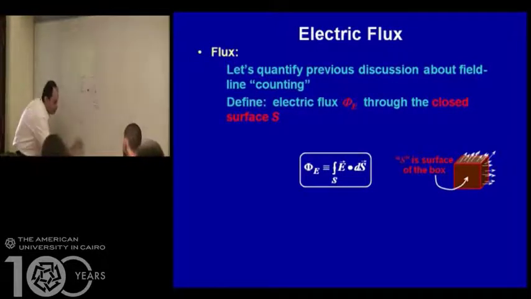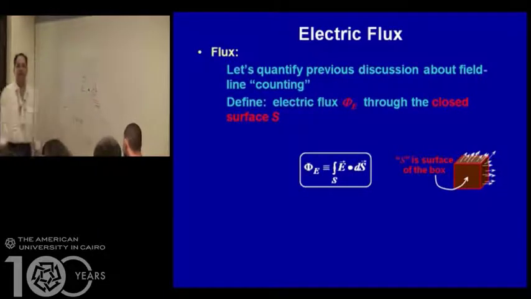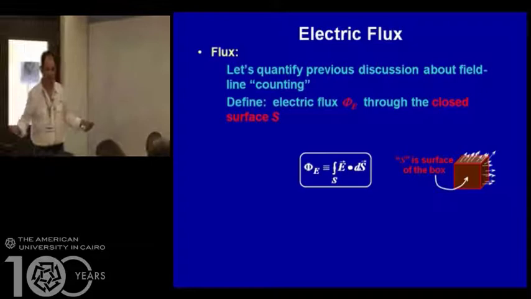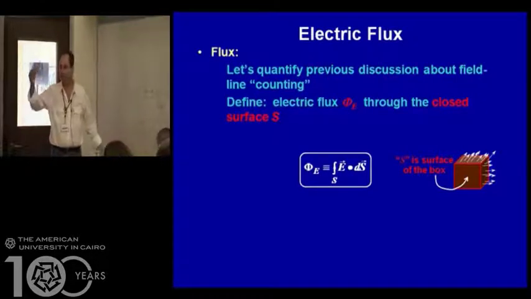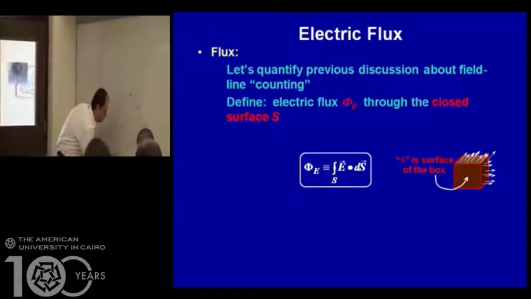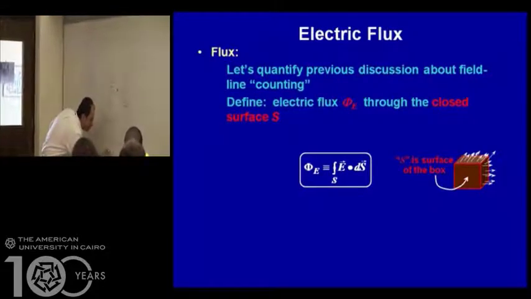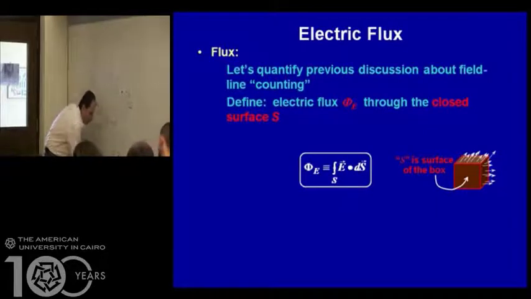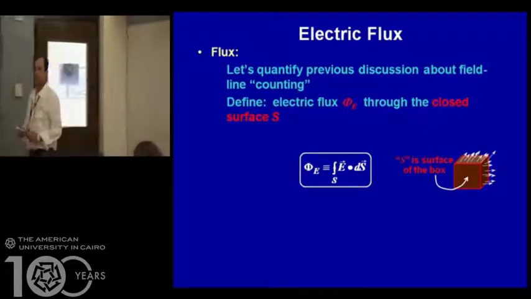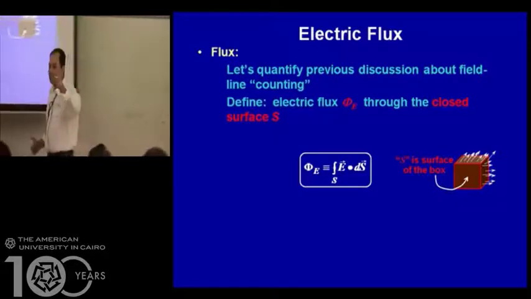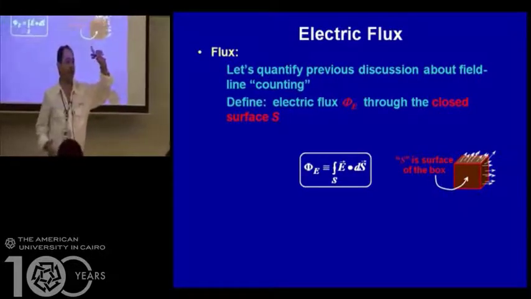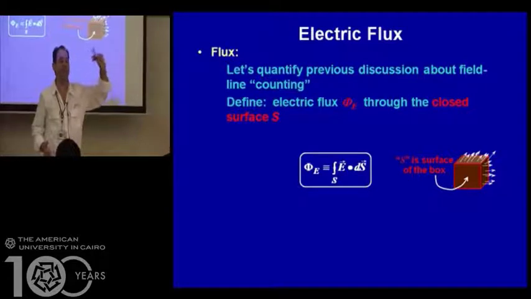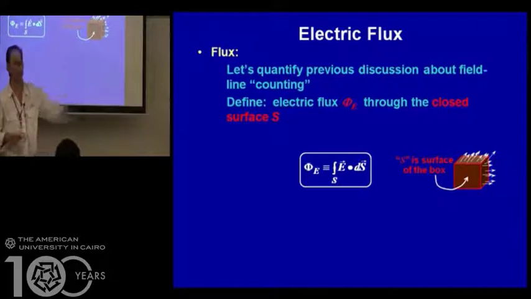Then that integration will give us E dot dA, and the integration of dA is the area, so E dot A. So the electric flux phi E will equal E dot A only and only if the electric field is constant. But if it's not constant, then we have to do the integration.